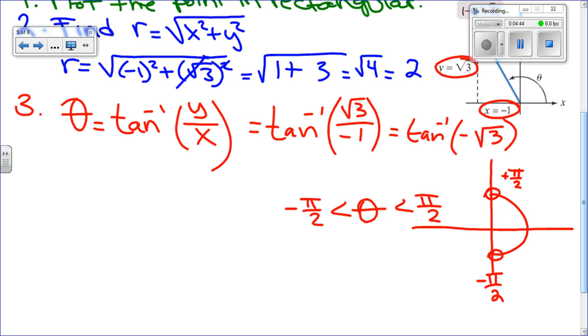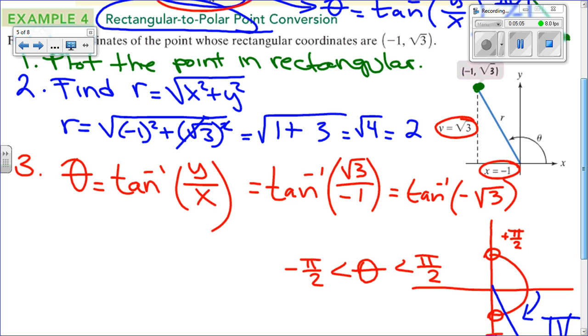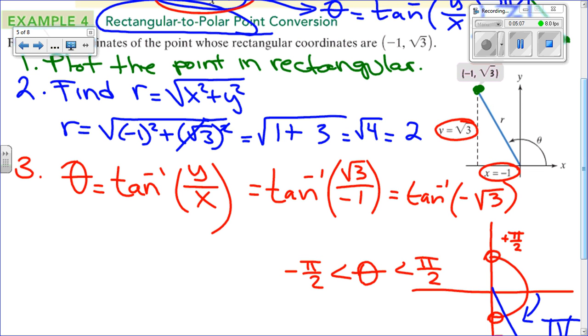So when you put that in the calculator, first of all, the tangent is negative here in quadrant 4, and so of course it cannot give you a positive angle. It's going to give you a negative angle in this direction, and it's giving you negative 60. However, we plotted the point and we know that's not what we need, correct? Yes, we need something in quadrant 2.